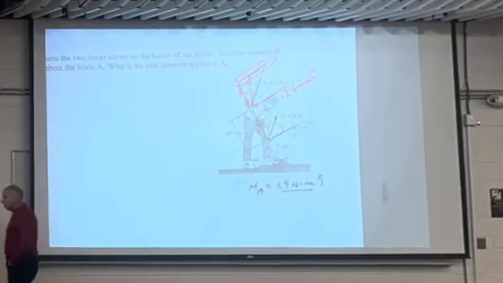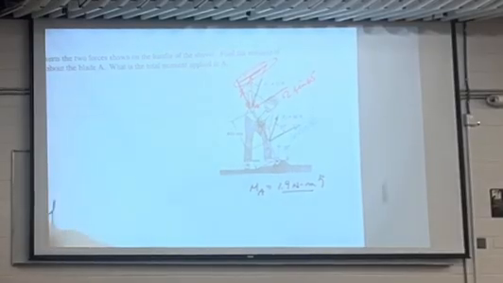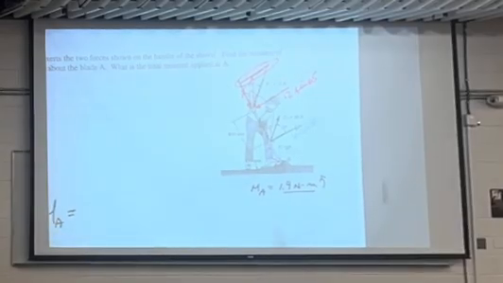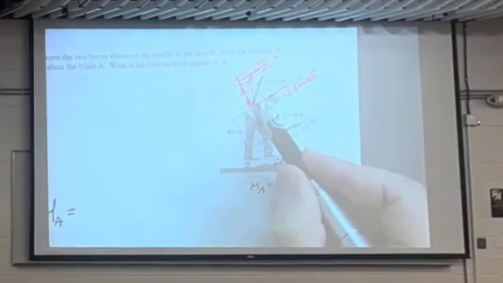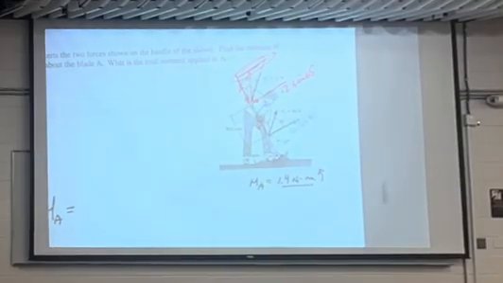Now, I'm going to do some moments. Sum of moments at A is equal to, and I'm going to take counterclockwise positive. This distance is 800 plus the 450. That's going to be 12 sine 65.